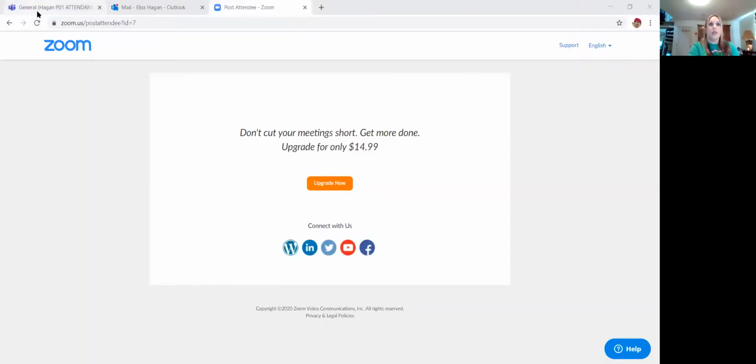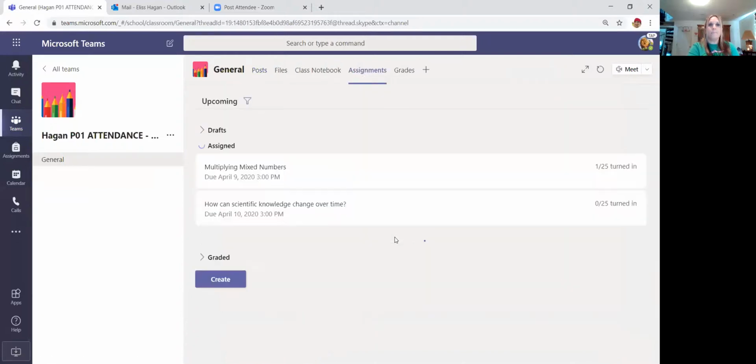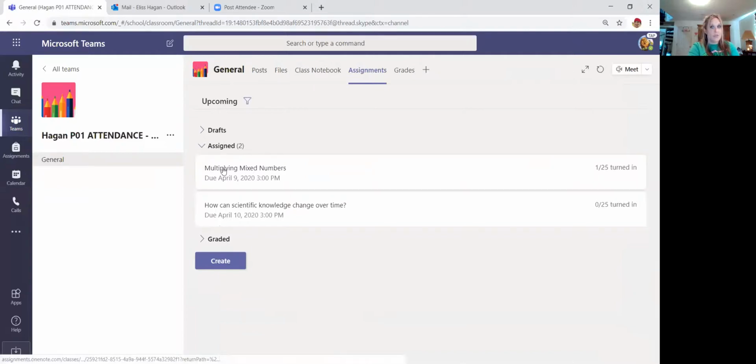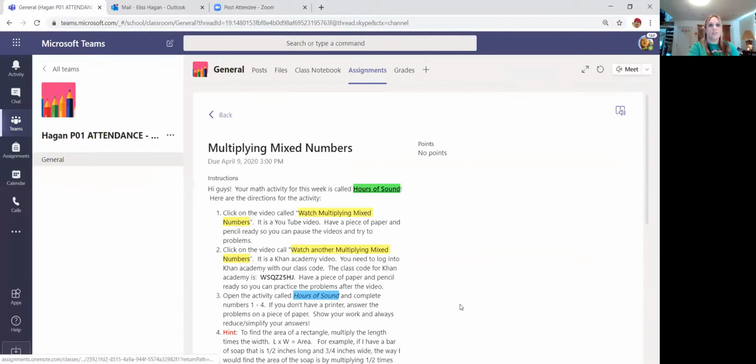So on Teams, if you go to Teams and you click on Assignments, you will find an assignment called Multiplying Mixed Numbers. Click on it. This is what you will see.